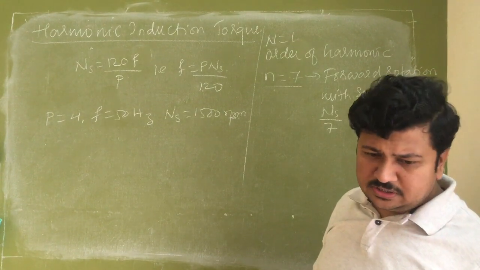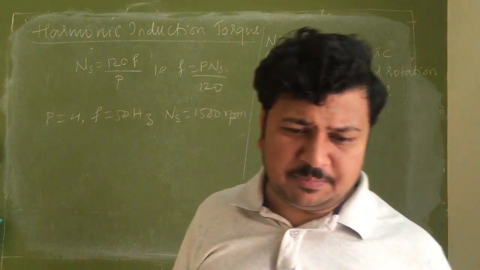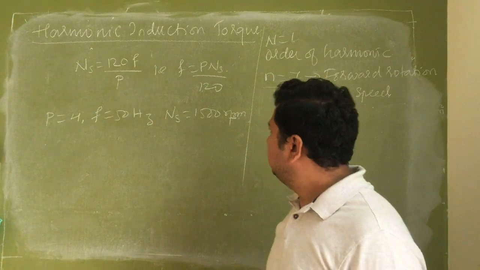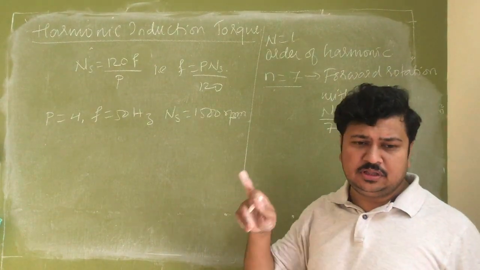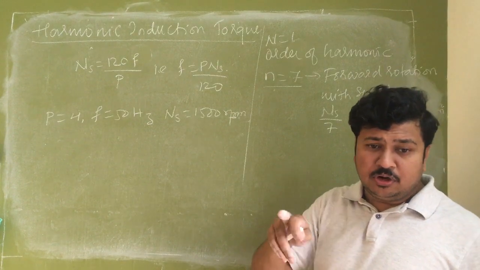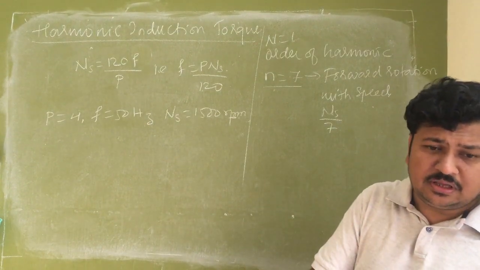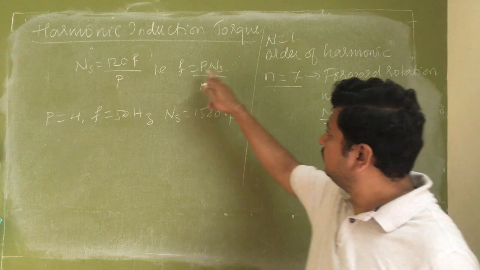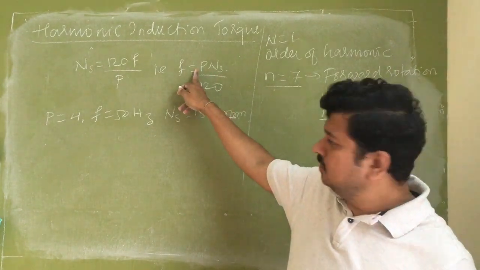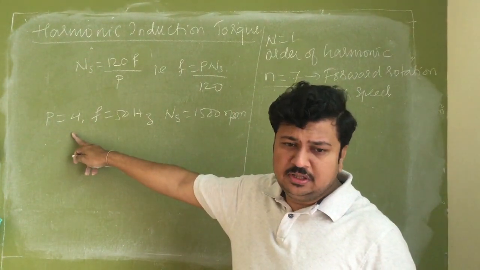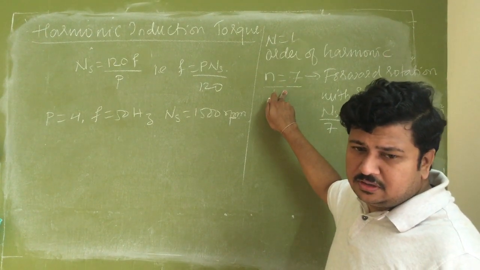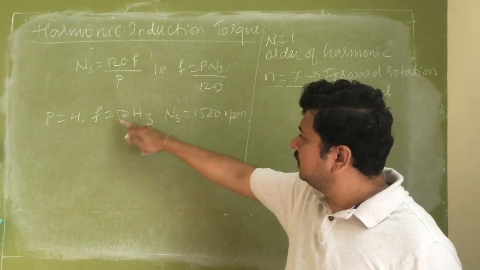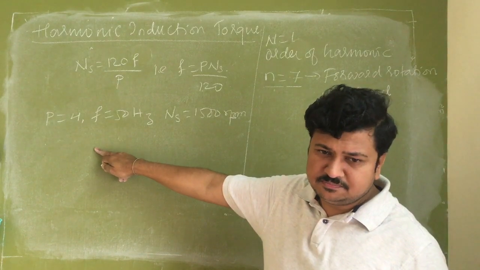Okay. So what is happening virtually in the machine is, when I say there is a 7th order harmonic in the machine, the poles for that 7th order harmonic are 7 times the fundamental poles. Now the fundamental poles are 4, therefore for this harmonic content, the number of poles will be 7 into 4, that is 28 poles.